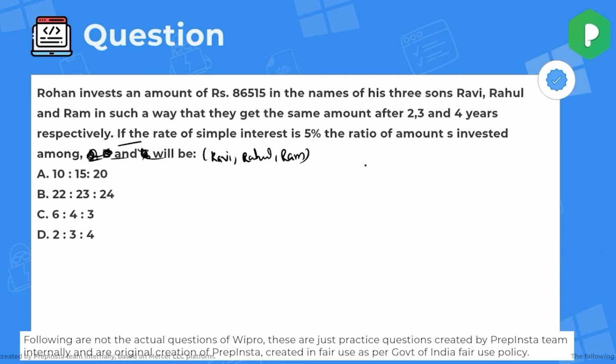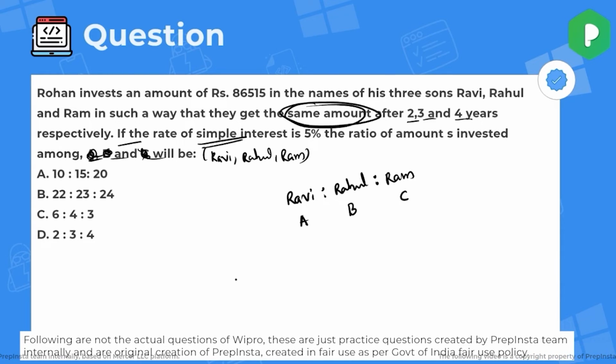Okay, just look at the question now. So we have to find the ratio between the amounts invested by Ravi, Rahul and Ram, right? So I am assuming that Ravi's portion is A, Rahul's portion is B and Ram's portion is C. And we all know that after particular time periods, all are getting the same amount. What is the simple interest formula? It is nothing but PTR by 100, right?